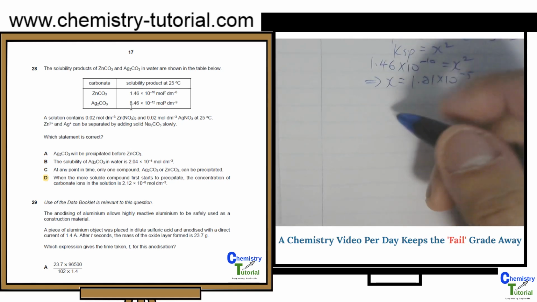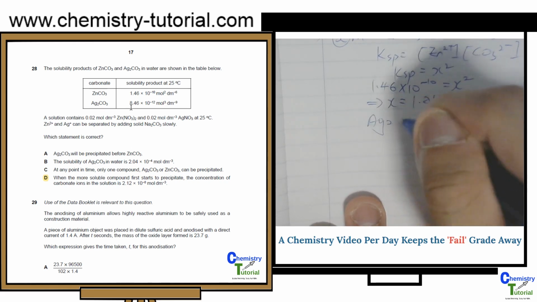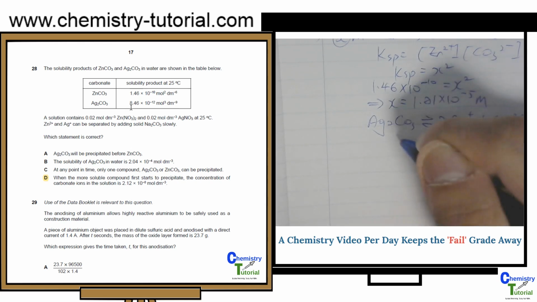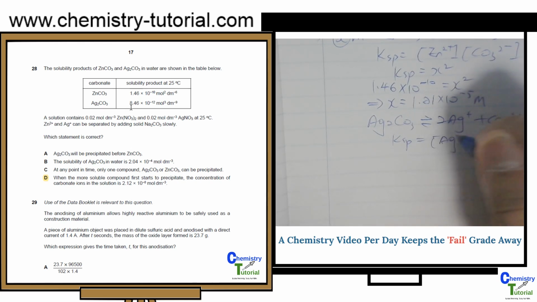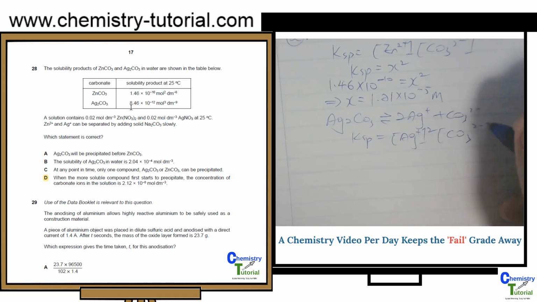We'll do the same thing for our silver carbonate. So let's draw out the equation first. Silver carbonate gives 2 Ag plus and carbonate ion. So the Ksp expression for silver carbonate will be Ag plus concentration raised to the power of 2, multiplied by the concentration of carbonate.